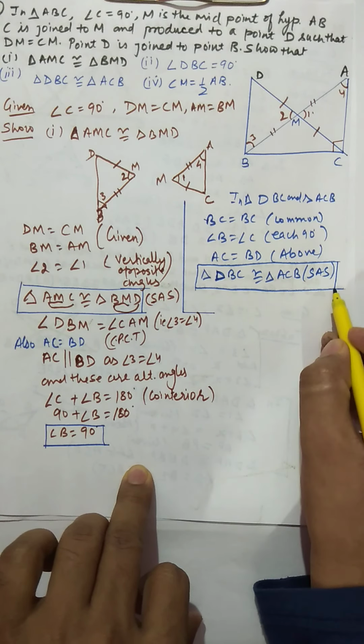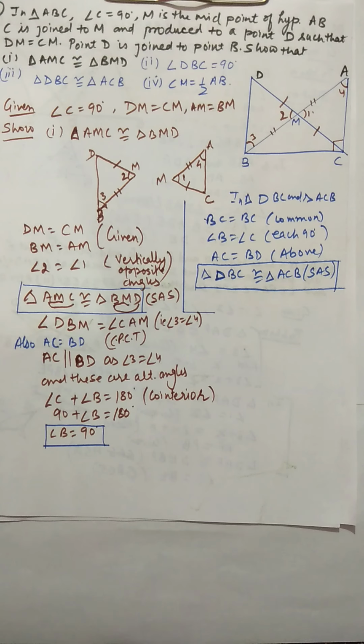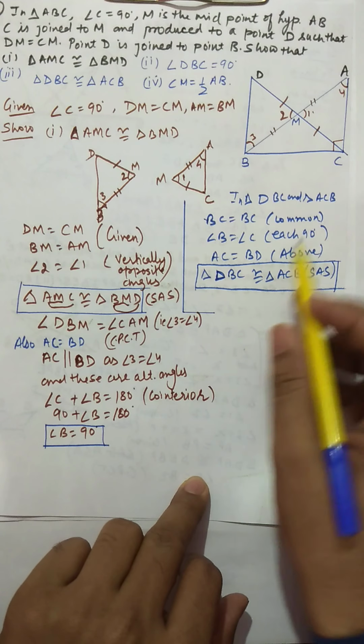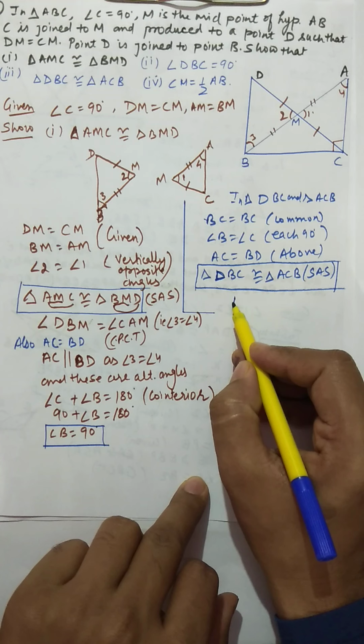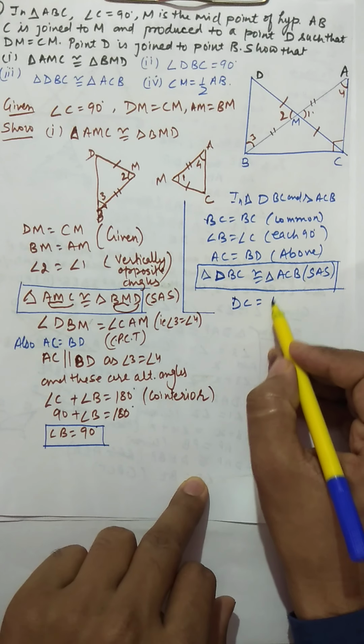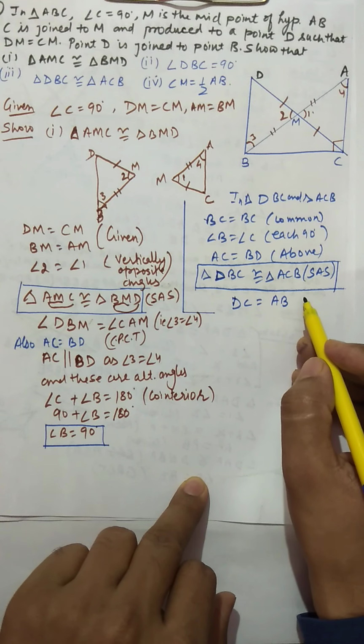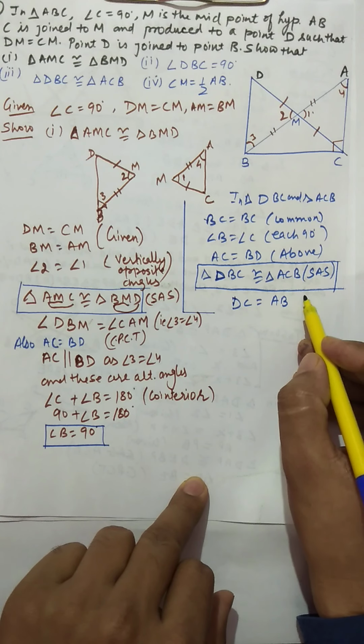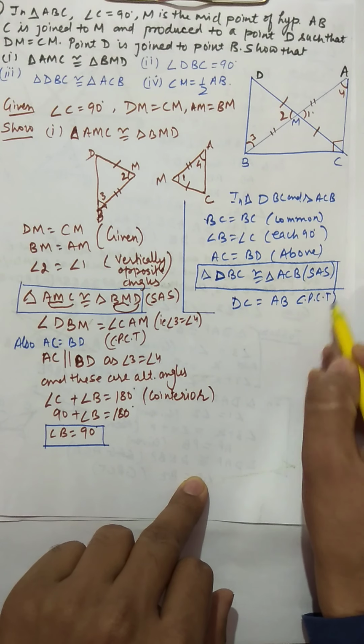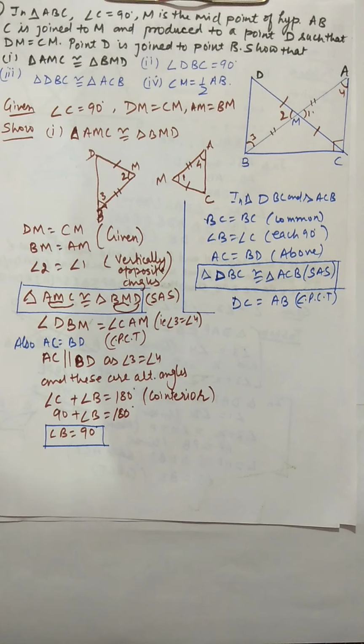Now the last part is that you have to show CM equal to 1 by 2 of AB. From here we get the result that DC is equal to AB, and we can write this as CPCT. Now we are very close to the answer.